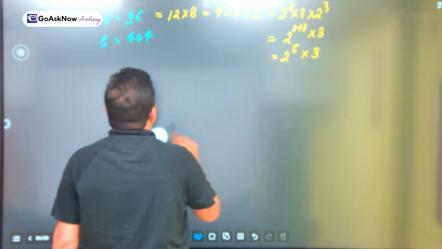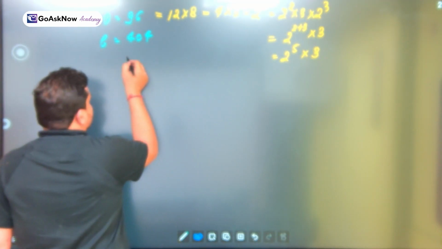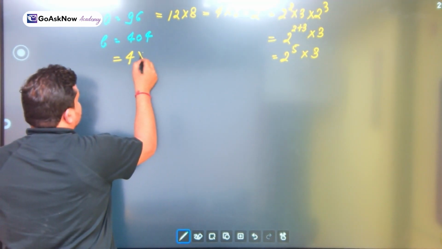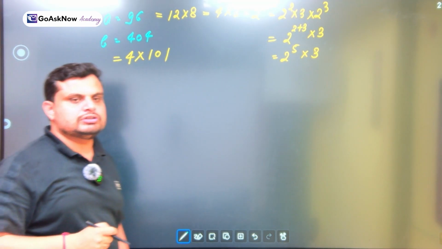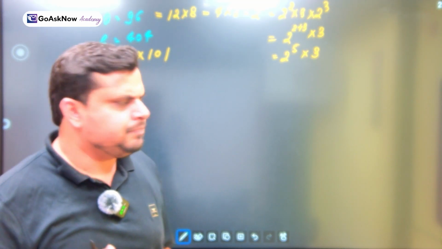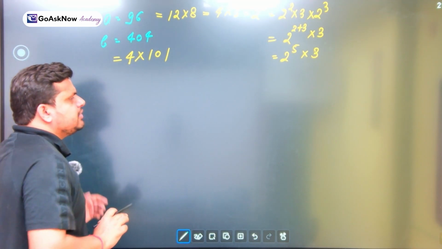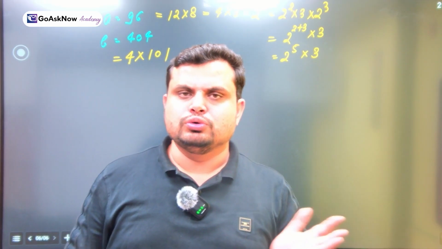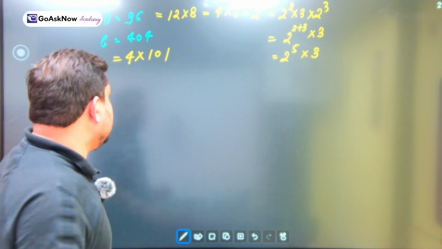So the prime factorization of 96 is 2 to the power 5 into 3. Now 404 we can write as 4 into 101. Now 101 is itself a prime number, because it is not divisible by 2, 3, or any number; you can check.